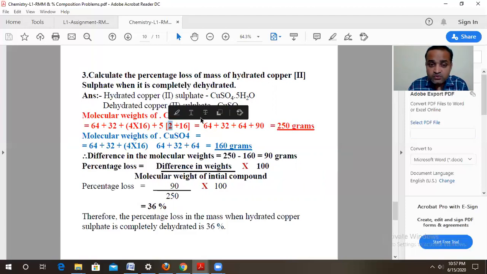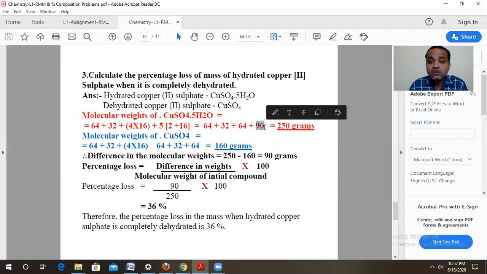Therefore 1 hydrogen plus 1 hydrogen, that is total 2. 2 plus 16. So it becomes 64 plus 32 plus 64 of oxygen, and this 90 for water, and that is total 250 grams. Hydrated copper sulfate totally is 250 grams. So go through the calculation part firstly, everyone.